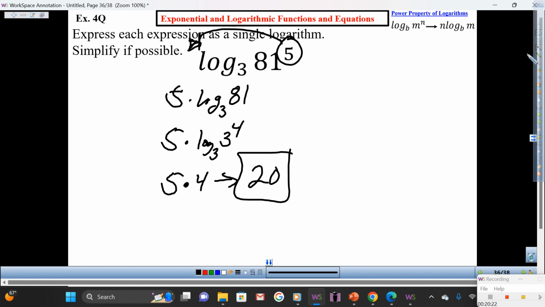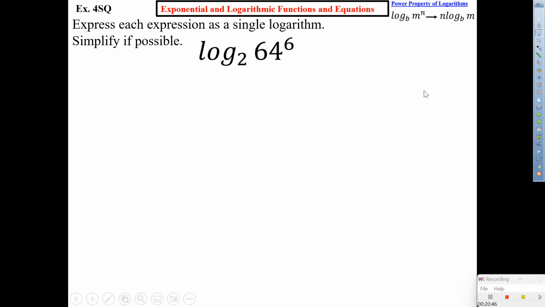Let's do another one. Copy this. Example 4 super Q, log base 2, 64 to the 6th power.